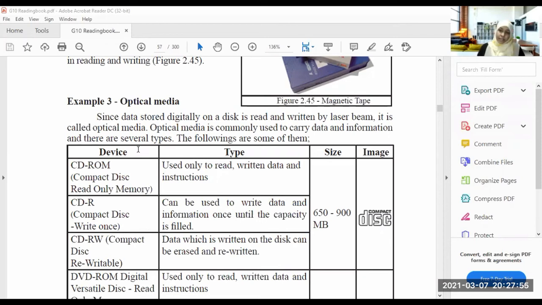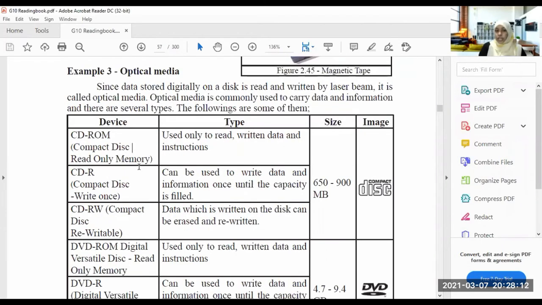We can take it here and there wherever we go, so it is also called a portable device. Some of them are CD-ROM. CD-ROM, compact disk read-only memory, is used only to read written data and instructions.